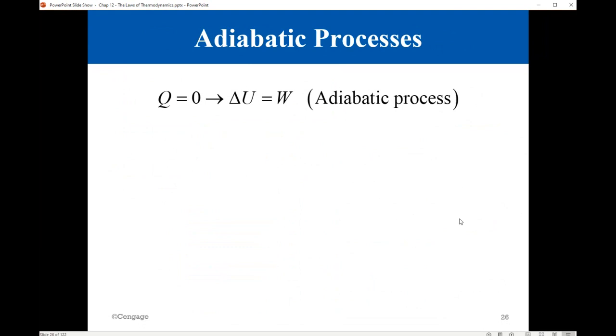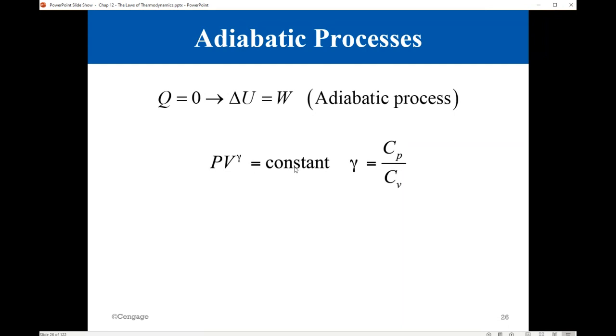We move on to the adiabatic processes. Here Q is 0. When Q is 0, from the first law of thermodynamics, delta U is equal to the work W. This is an adiabatic process. For these kinds of processes, the product of P V raised to the power gamma is constant all the time.